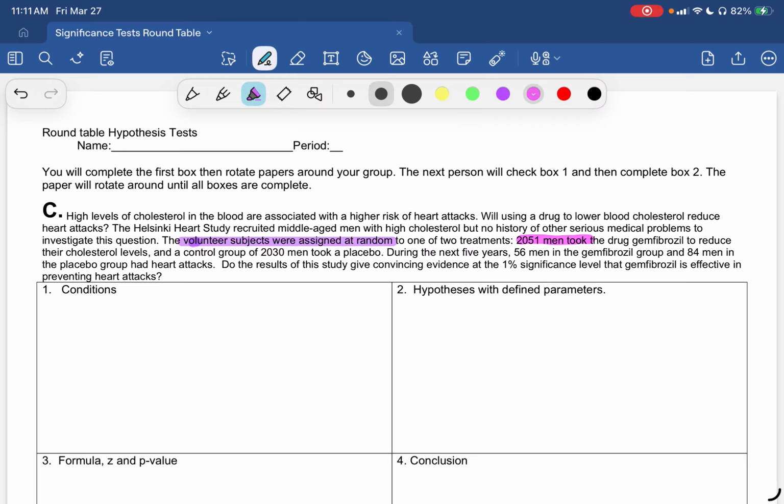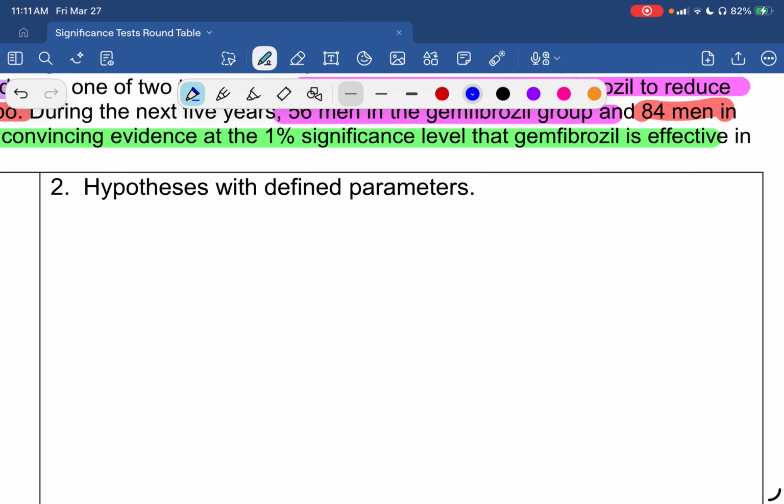We have two treatments though. We have 2,051 men taking a drug to reduce their cholesterol and a control group taking a placebo. We see that 56 of the men on the drug and 84 of the men on the placebo had heart attacks. And then we're asking, do the results of this study give convincing evidence that the drug is effective?